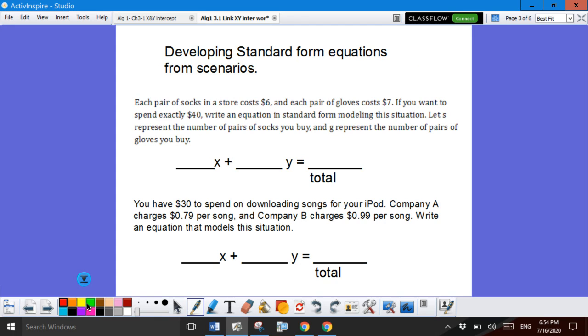So as we start this, we need to think about defining the variables, okay? That means we're coming up with the labels of what X and Y are.